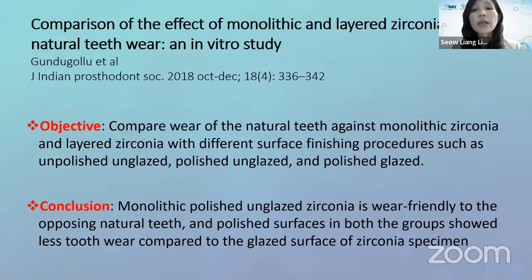Because sometimes for glazed surface, it depends on how you paint the glaze. So if you have a lot of pooling of the glazed liquid on the restorations, they tend to be quite rough. So that is the reason why this research has found that the glazed surface tend to give more wear to the opposing natural enamel.